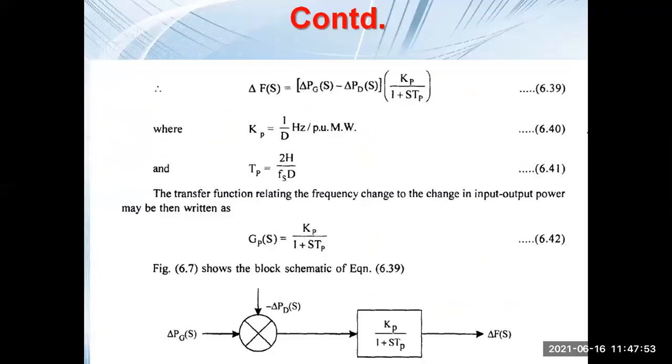So now you see, we are defining a constant, that is Kp. Kp equal to 1 by D, and Tp equal to twice H by Fs. So how are we defining it?